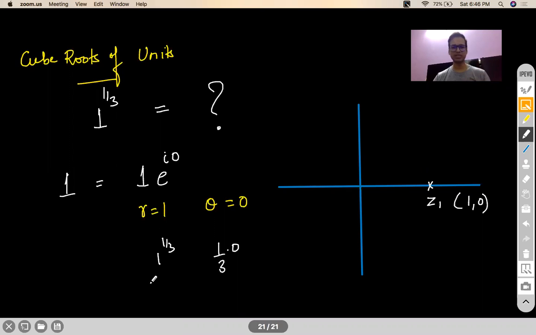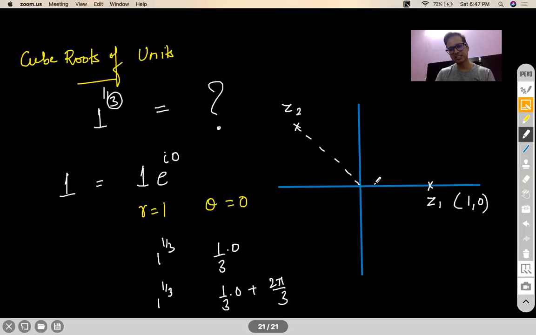What are the other 2? Let's figure it out. The next will be located at a distance of 1 to the power 1/3, and just add 2 pi by q. Q here is again 3. So add 2 pi by 3 to the angle, and we'll reach over here. So this is your Z2. Let me connect it like this. This angle is 2 pi by 3.